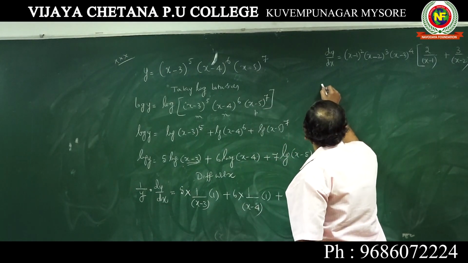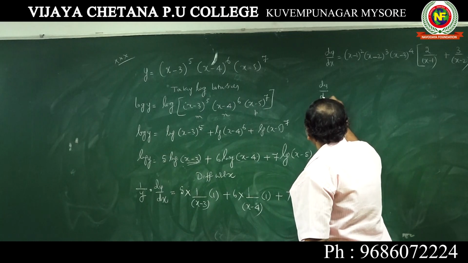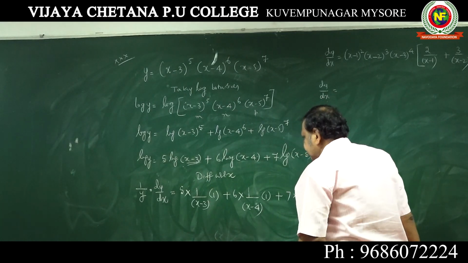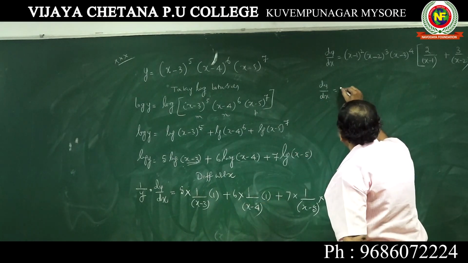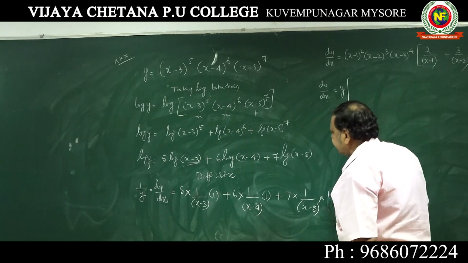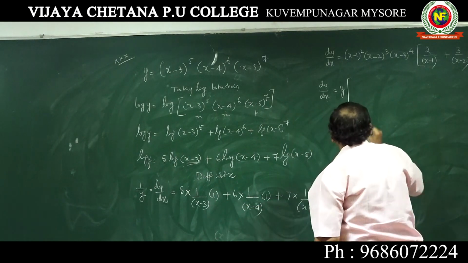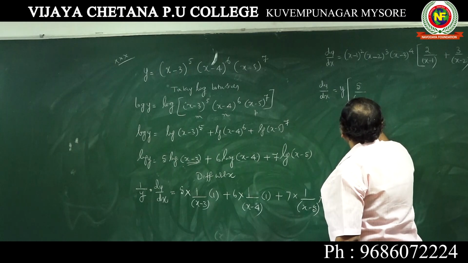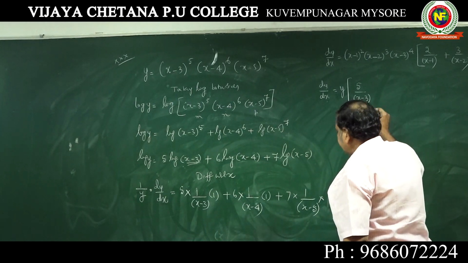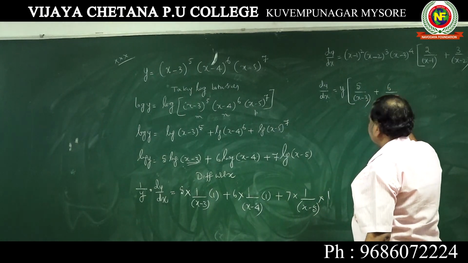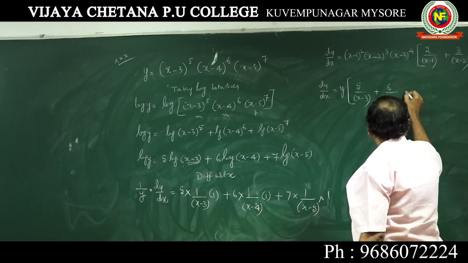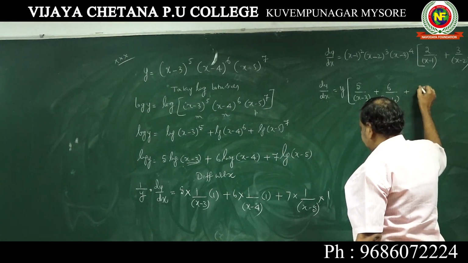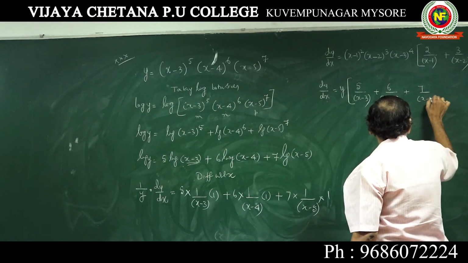Now dy by dx is equal to y into 5 over (x minus 3) plus 6 over (x minus 4) plus 7 over (x minus 5).